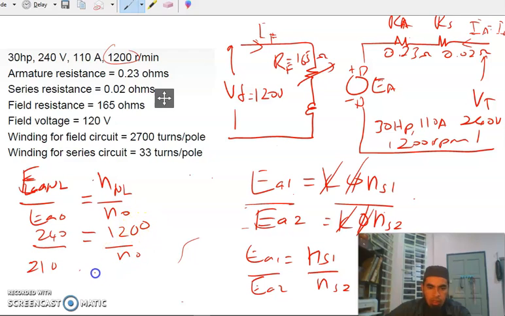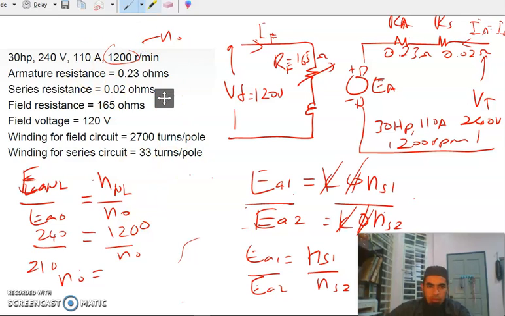So what is the N at no load here? So N no load is equal to 240 divided by 210 times 1200.